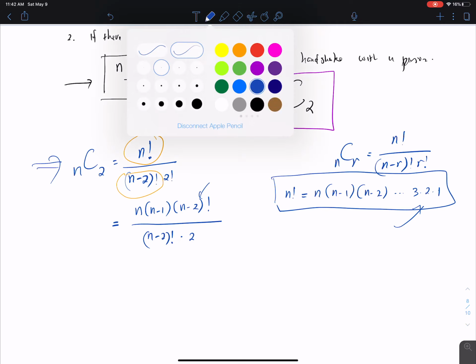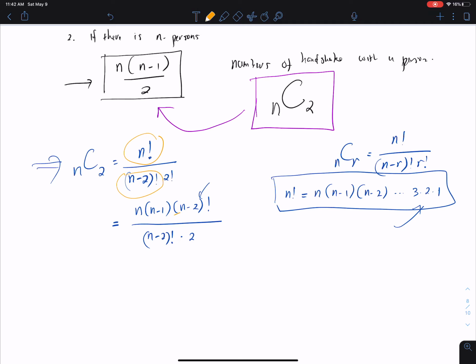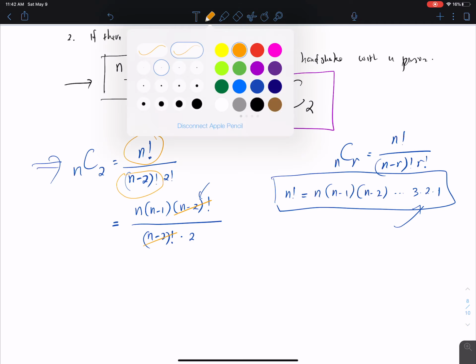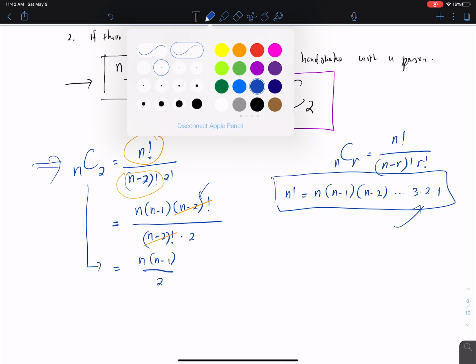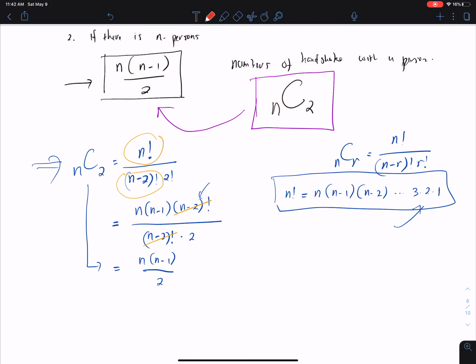Now with mathematical manipulation, I can cancel this n minus 2 factorial with the n minus 2 factorial at the bottom. So with this I will be left with n times n minus 1 over 2, which is exactly the same as the one that most of you answered, n times n minus 1 over 2.